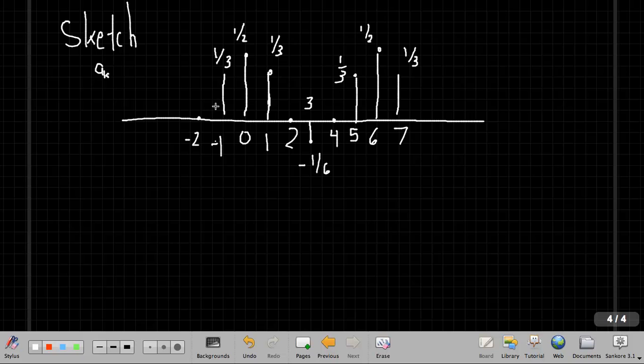And it's not just in one direction, it's periodic in both directions. So I have the same thing going on here: minus 1/6 at minus 3, another 0, and it just keeps repeating periodically outside of that. And at minus 5 it'd be the same as 1, so it'd be height 1/3 again.